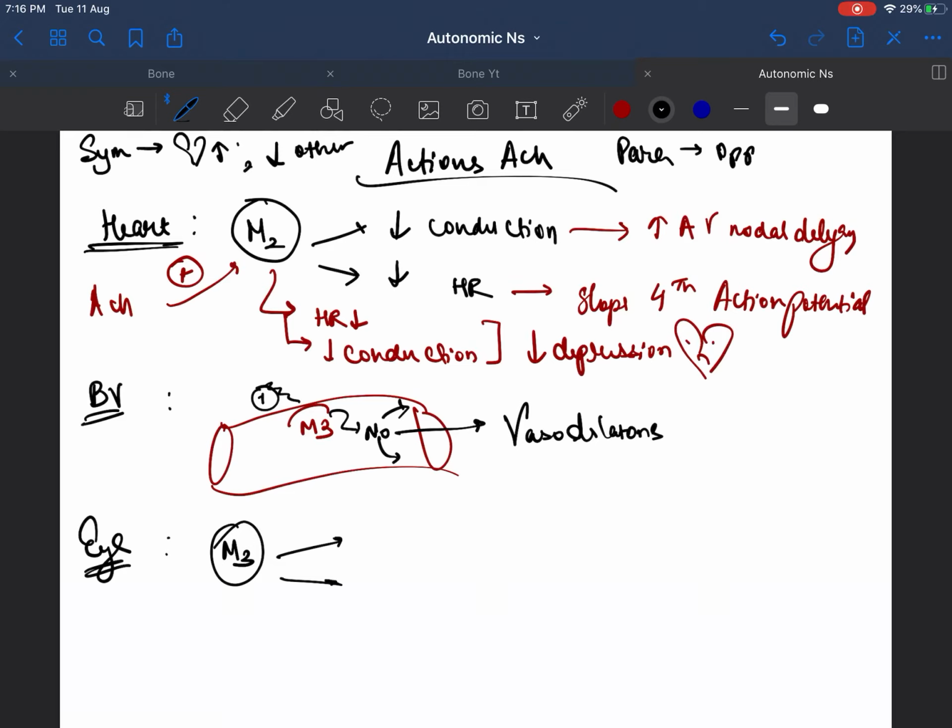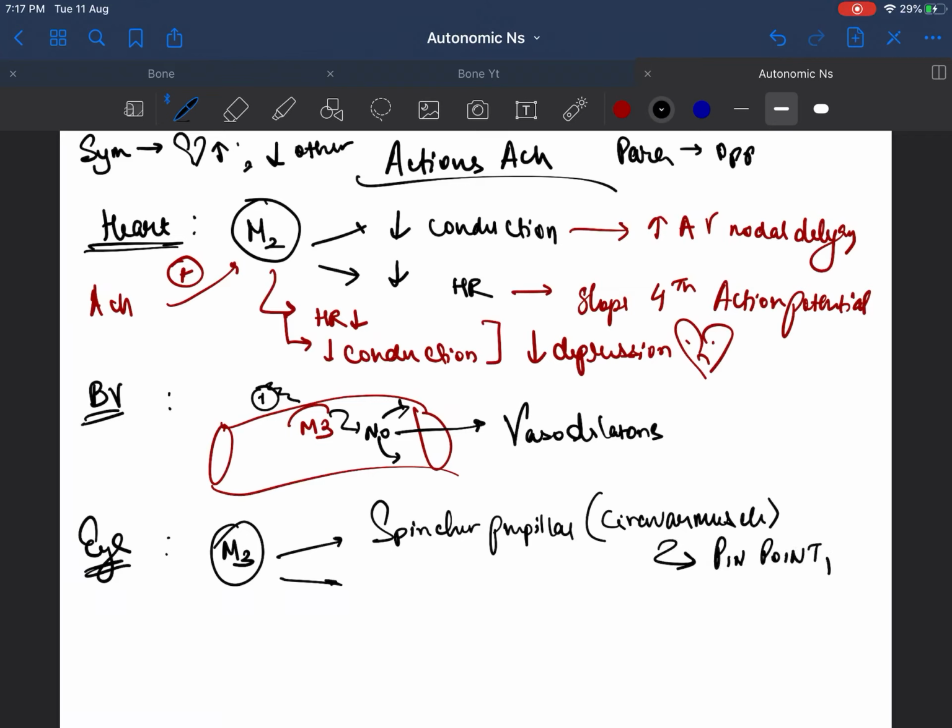First, it will act on the sphincter pupillae, which is the circular muscle of the eye, and it will lead to pinpoint pupil. Pinpoint pupil actually happens in poisoning cases, but the main thing is miosis here.